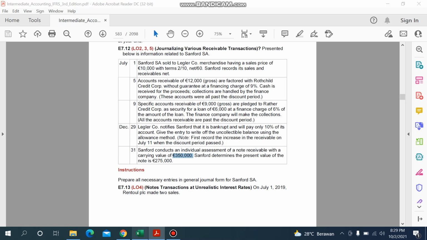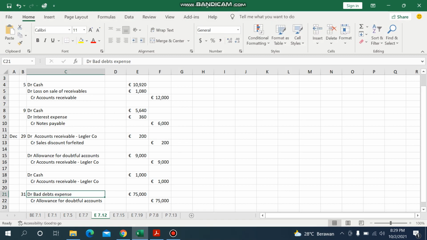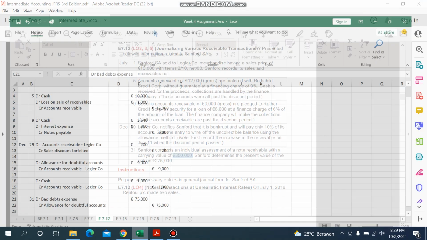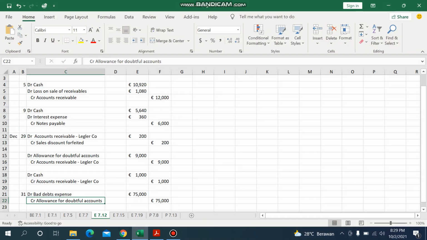The adjustment will be debit bad debt expense, because we cannot get the whole 350,000, so it will be considered as bad debt. And then credit allowance for doubtful accounts.